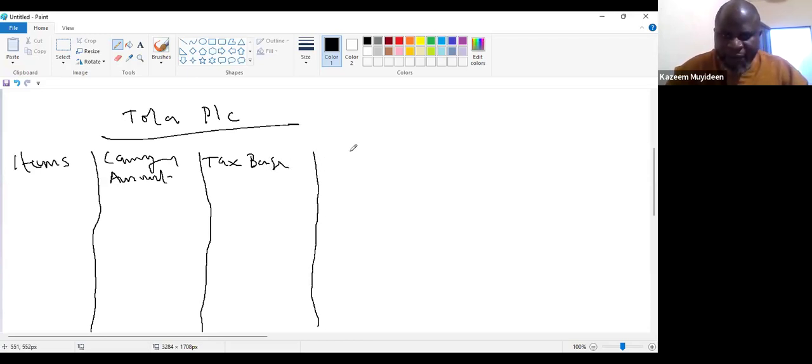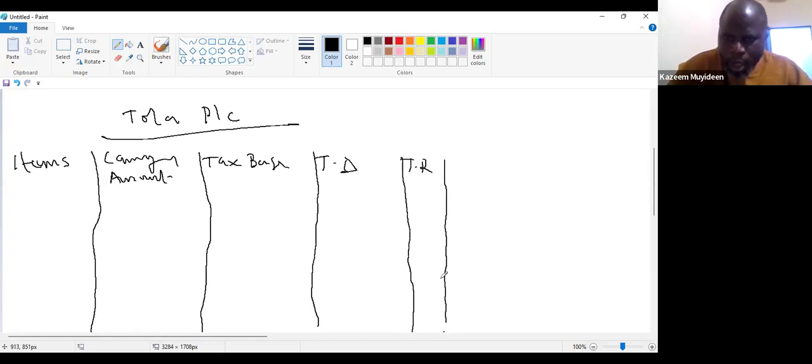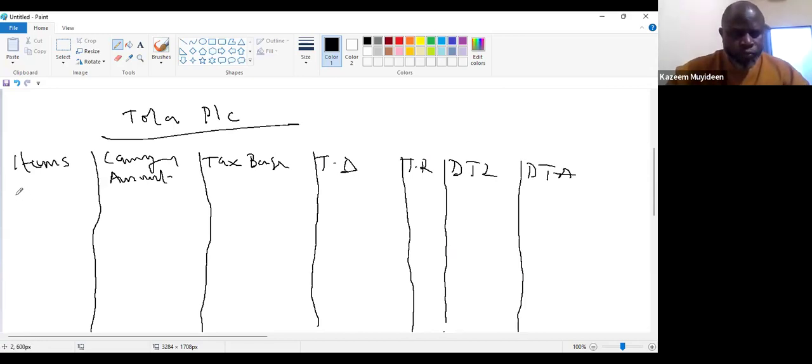We have our temporary difference, TD, tax rates. You see a deferred tax liability or deferred tax assets. I will underline.